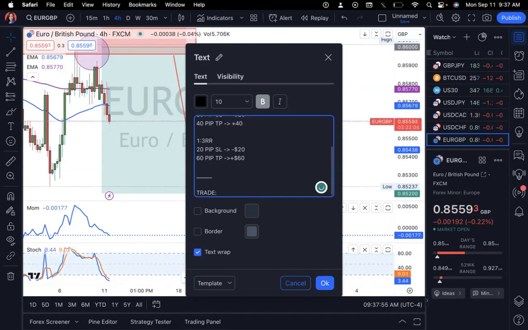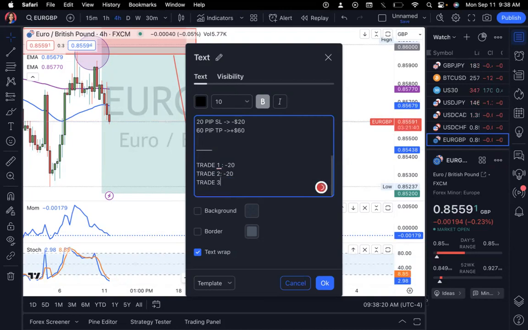So let's just say that the first trade that we took, we didn't hit take profit on that trade, and we actually lost $20. So let's just say on our second trade, we also lost $20. Let's just assume that we didn't start the week off great because the market won't always go in our favor.